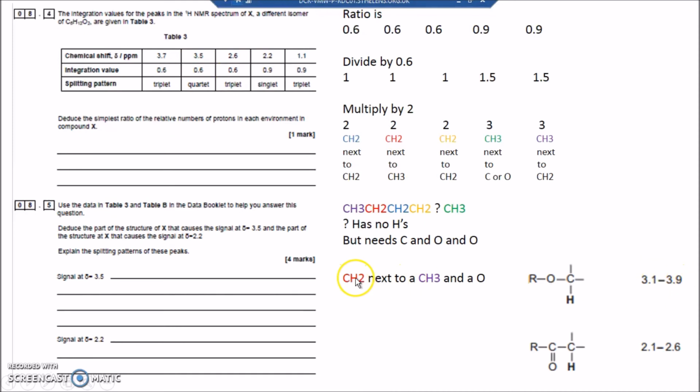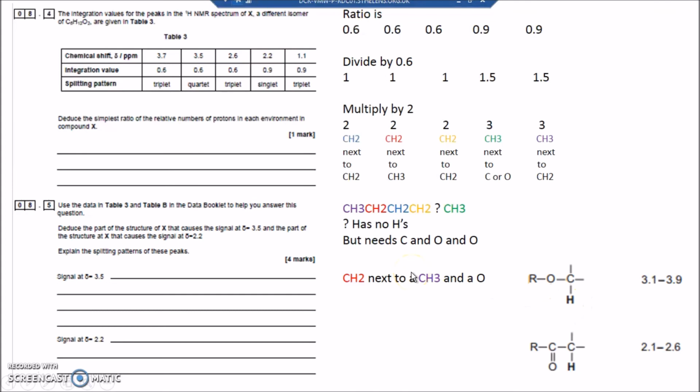So those hydrogens on that red CH2, one of those hydrogens is bonded like that with a CO. So my red CH2 might have another H up here, this CH2 is bonded to an O. So my red CH2, which gives a shift value of 3.5 to 3.9, 3.5 fits in between 3.1 and 3.9, has got an O bonded to the C of the CH2.